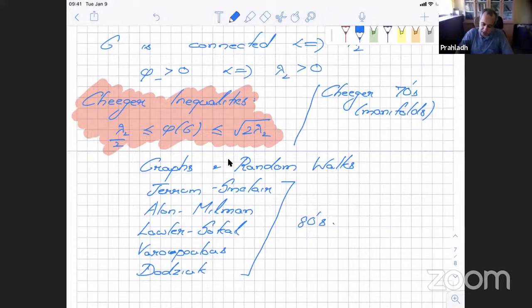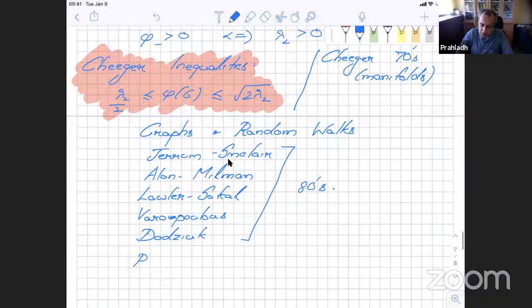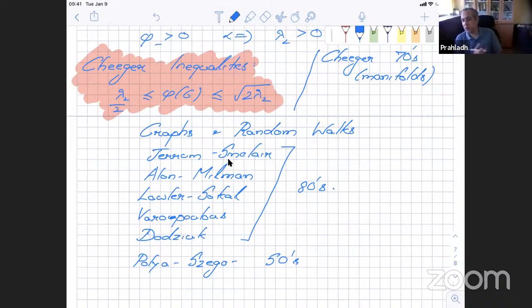And more recently, I think they found out that actually there's an old paper by Polya and Szego from the 50s, which also has a version of the Cheeger inequalities for random walks.